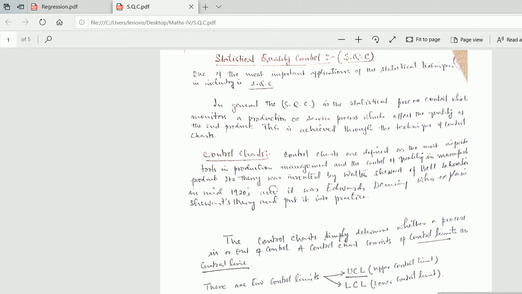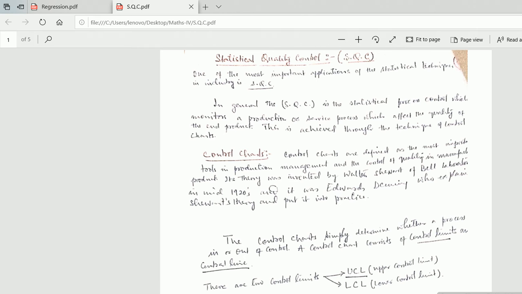Control charts are defined as the most important tools in production management and the control of quality in the manufactured product. Its theory was invented by Walter Shewhart of Bell Laboratories in the mid 1920s, and it was W. Edwards Deming who explained Shewhart's theory and put it into practice.